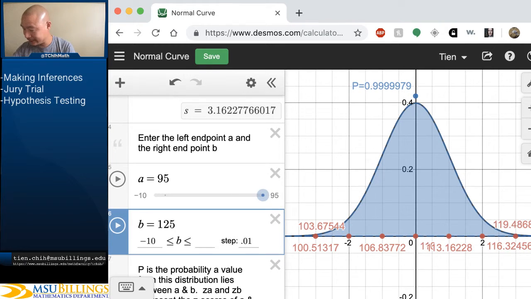And this area here is 0.9999. How many nines? 5 nines, 979. Right?